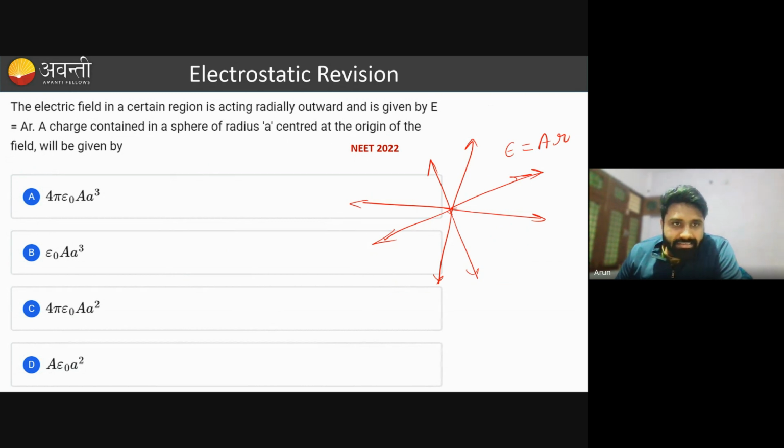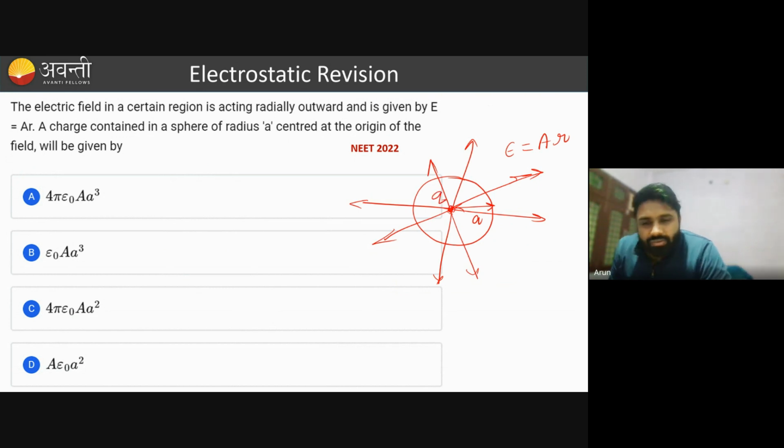Now, there is a charge contained in a sphere. So there should be a sphere of radius a, centered at the origin. So at the origin this charge is placed. We need to calculate this charge. So we are going to apply the Gauss law: we calculate the flux through it, and equate it with E dot A, and E is given to us.